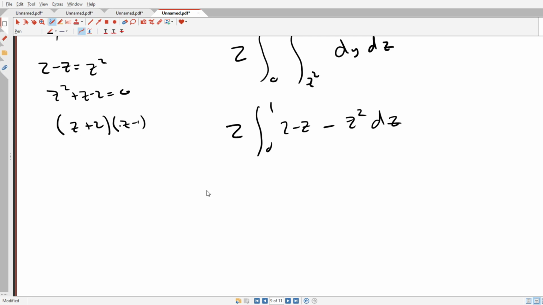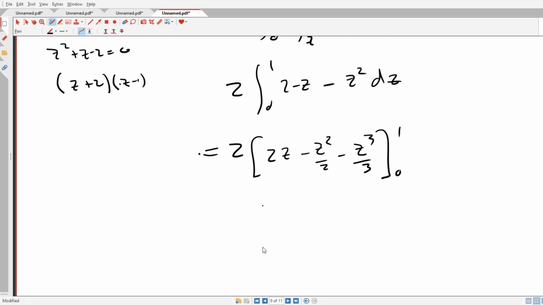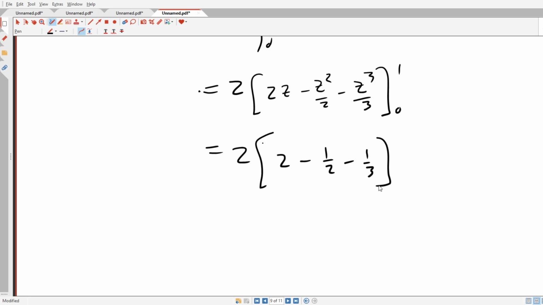Okay, so I integrate this, and I get 2 times 2z minus z squared over 2 minus z cubed over 3 from 0 to 1. That gives me 2 times 2 minus 1 half minus 1 third. Put it all over 6.